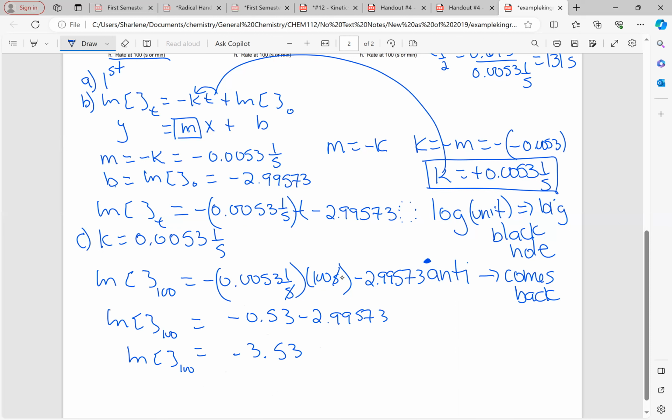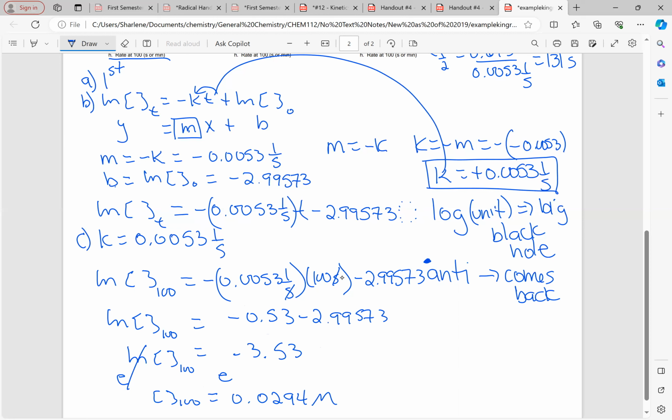Well, I don't want the natural log, right? I want to know what the concentration is. So to get rid of the natural log, I'm going to do the anti-log. And the concentration at 100 seconds turns out to be 0.0294, and I did an anti-log, so the unit miraculously reappears.